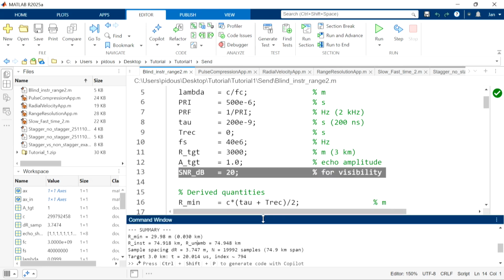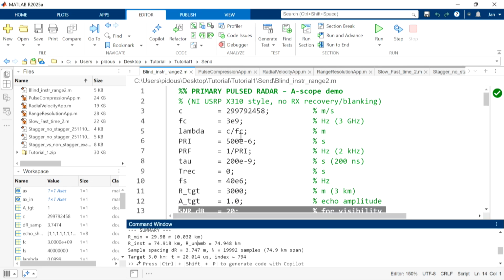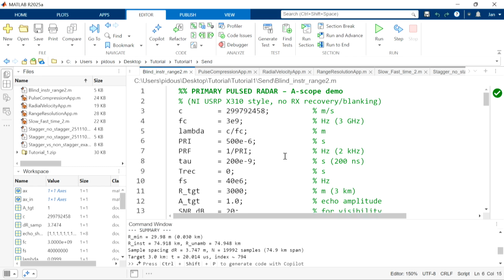Please for 2-3 minutes just play with it, try to change things. For example, the PRI, the pulse repetition interval. We can make it 1000, and tau will be only 20. So if it is shorter, what will happen?